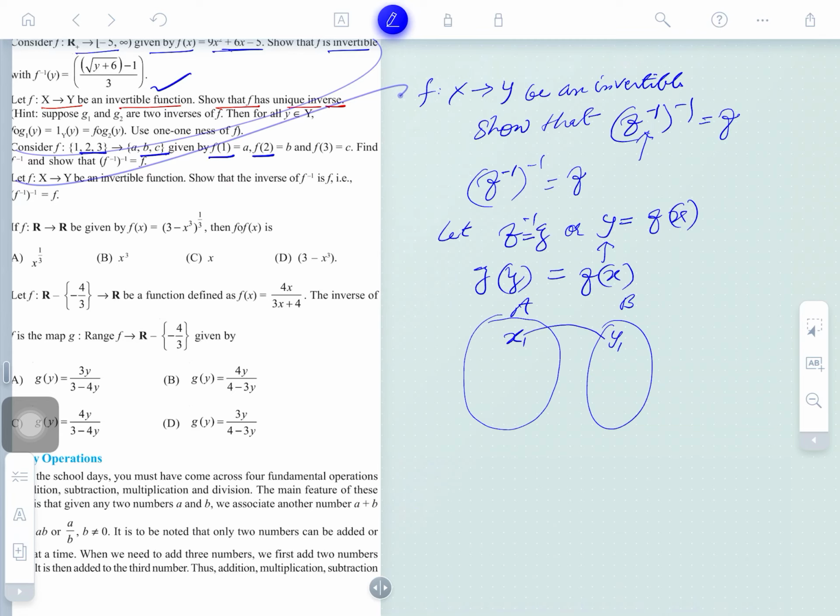Under f it is giving you this, under f inverse it's giving you what? Y again. So this is f inverse, okay. So we are to find inverse of inverse is equal to f.